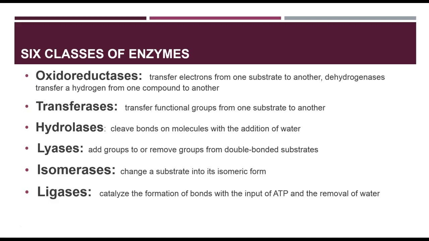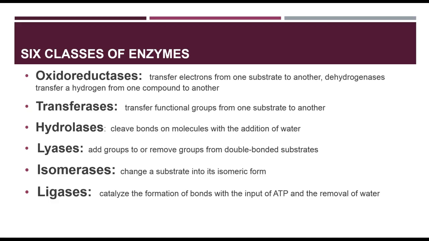Dehydrogenases transfer a hydrogen from one compound to another, but they are included in this group of oxidoreductases. We also have transferases that transfer functional groups from one substrate to another. Hydrolases, these cleave bonds on molecules with the addition of water. So water is a component in the reaction and is necessary in order for those bonds to break.